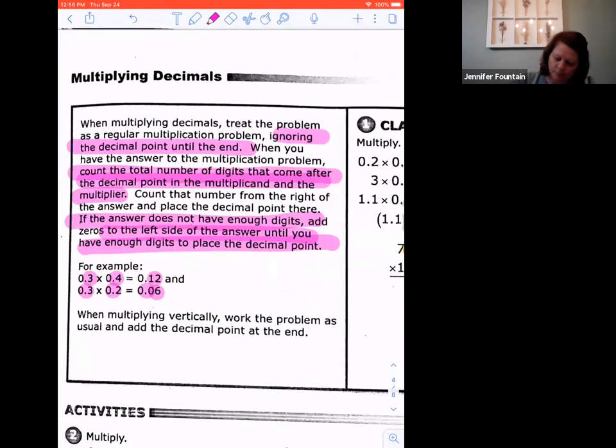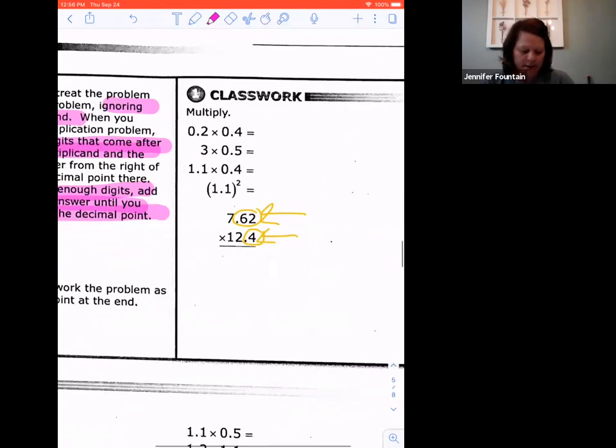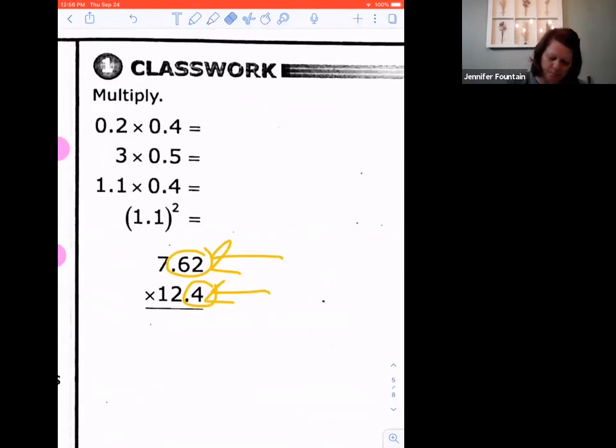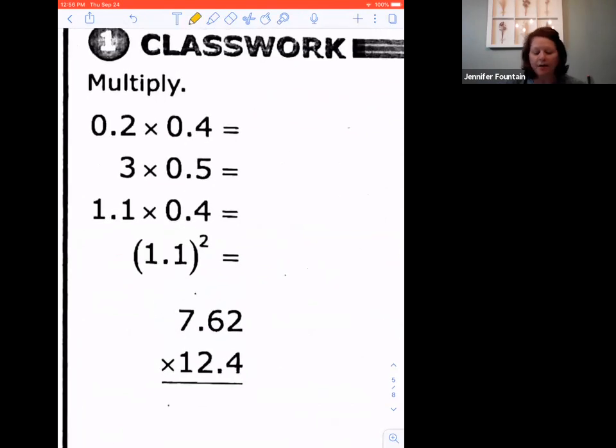So let's go ahead. It says when multiplying vertically, work the problem as usual and add the decimal point at the end. So we're going to go ahead and work on these. All right, so if I have 0.2 times 0.4, again, if you wanted to write them vertically, you could. Whoop, that needs to be a 4.